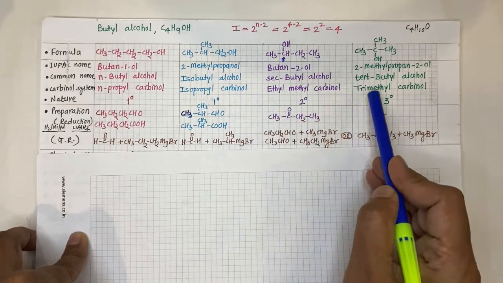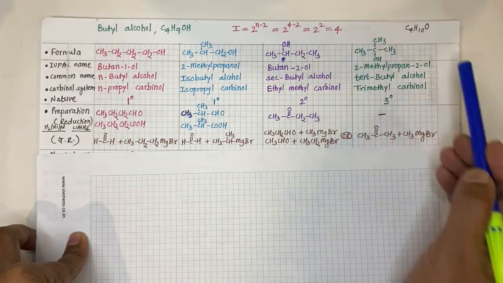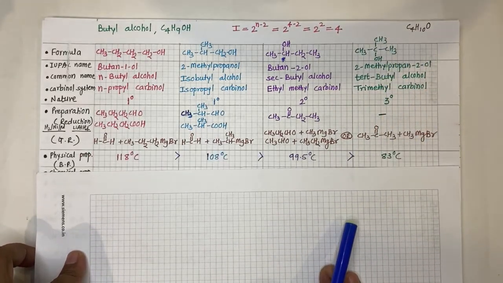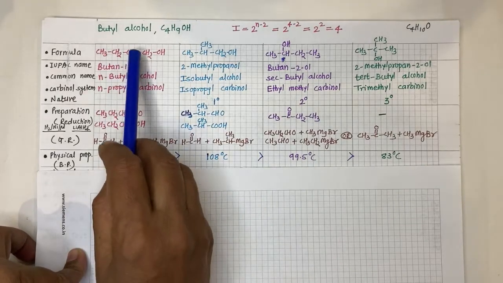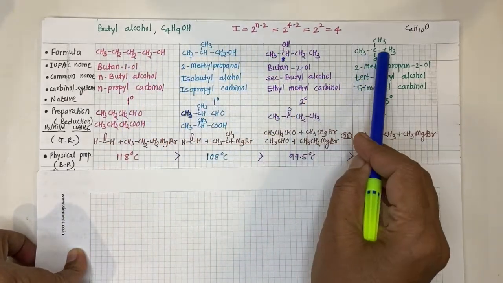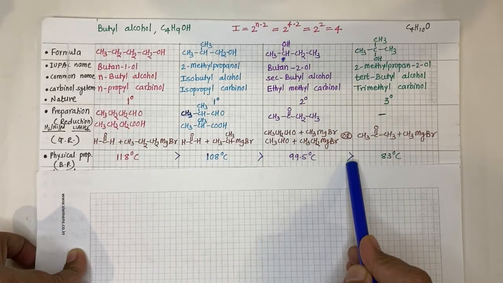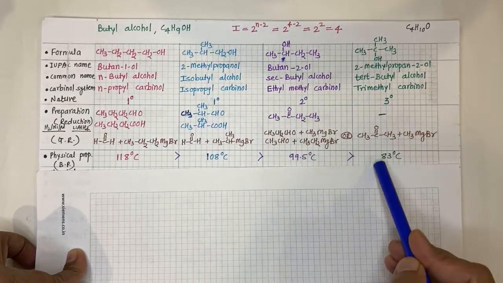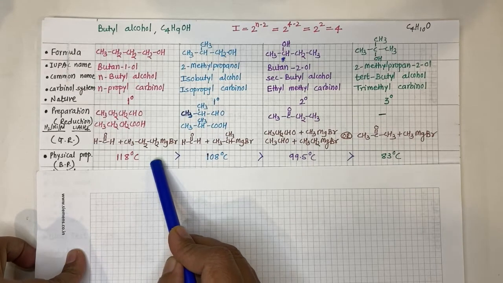Okay, now here we require a ketone, acetone, and methyl magnesium halide. Okay, next let us see their boiling point. Now you know that as branching increases, the boiling point decreases. Therefore among these four, one has the lowest boiling point and one has the highest boiling point.